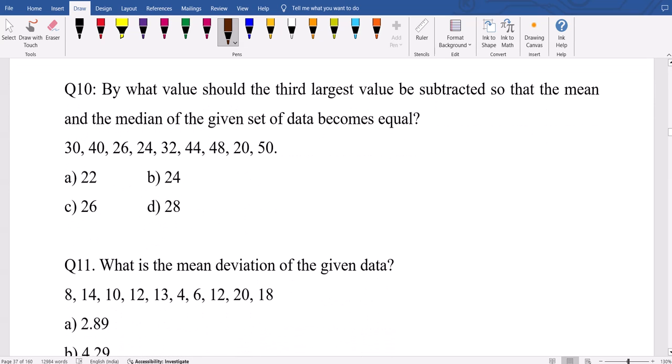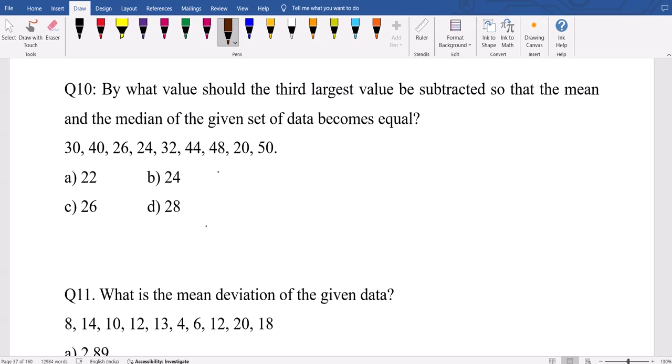Now series 10th question. Third largest value be subtracted by what value? We have to subtract from the third largest value so that the mean and median should be equal. The third largest one here is what? 50 is largest, 40, so this 44 should be subtracted by something so that mean and median both will be equal.